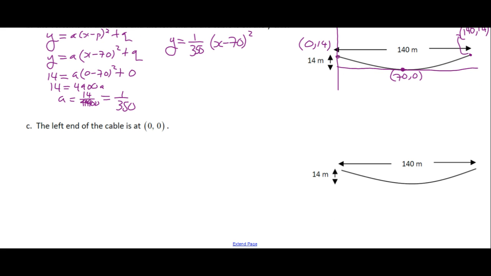And the left end of the cable is at 0, 0. So where's the vertex? 0, 70, halfway, right? And that's 0, negative 14. Okay, do it. And where's this end, right? This is just 140, 0. Don't be surprised with your a value.